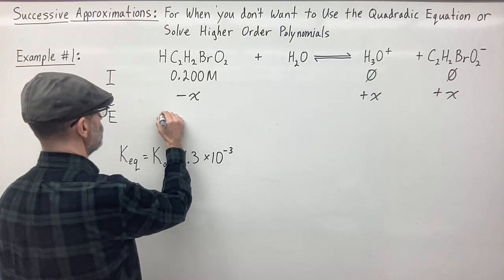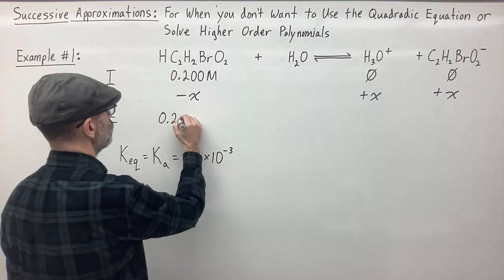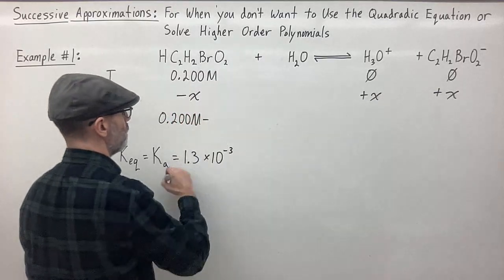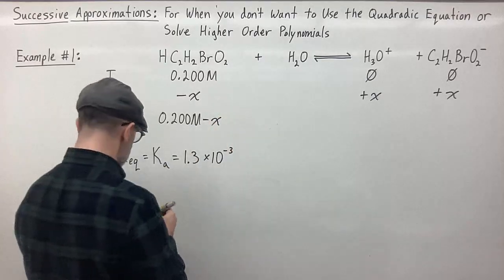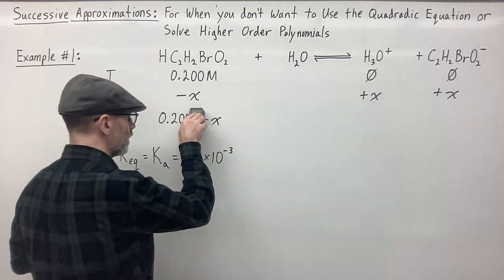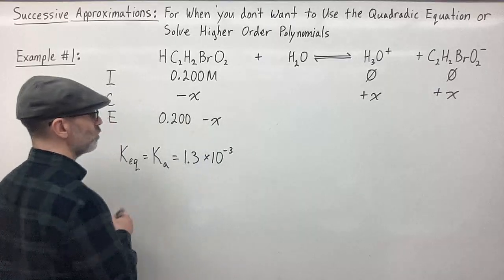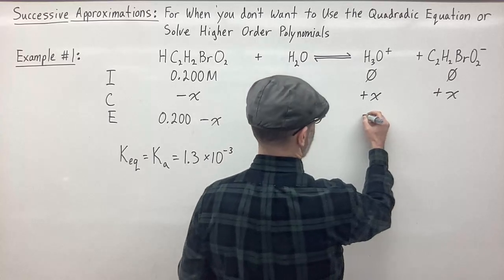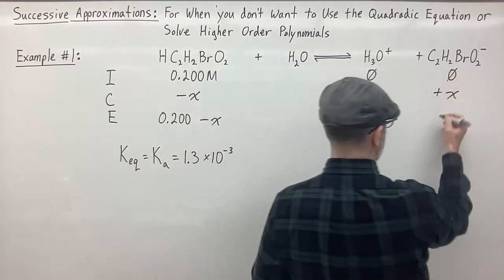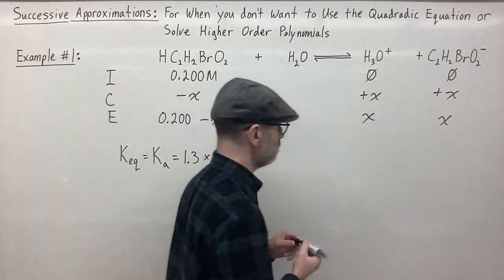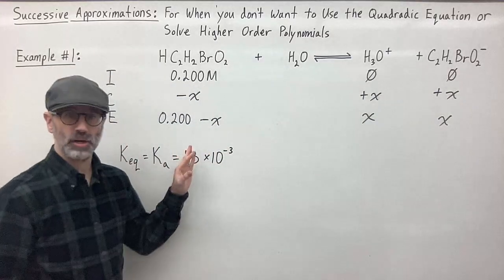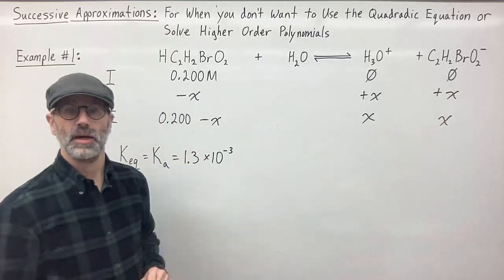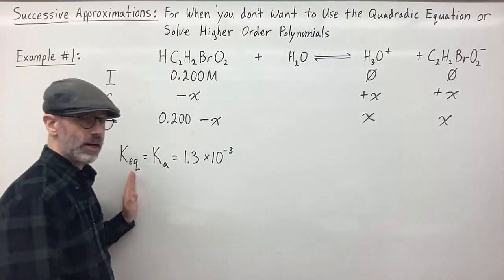So here we'll have 0.200 molar minus X. We don't need to have the molar in there, right? So we'll just have minus X. And here we'll have 0 plus X is just X. And here 0 plus X is just X. Okay, so now we have our equilibrium concentrations in terms of X. And so here we have our Keq.